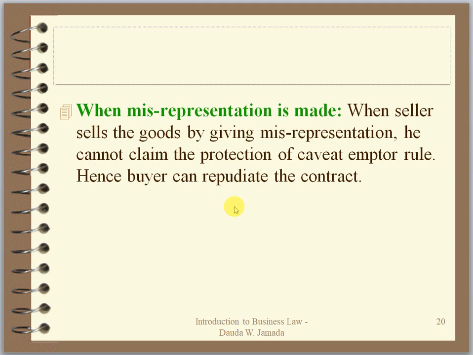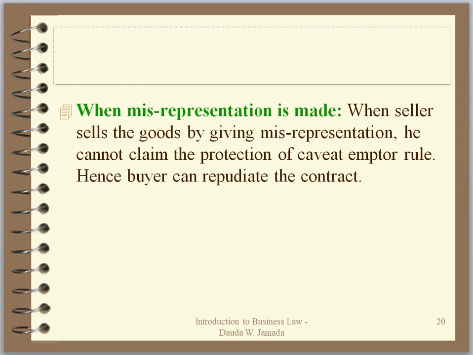Maybe Mr. Person A came to your business and requested to buy a particular good, and said, okay, I will send that good to you, and then you end up giving another particular good which actually is not what the person requested. At this moment, you cannot be protected by the caveat emptor rule, and as such you will be regarded as a fraudulent seller.